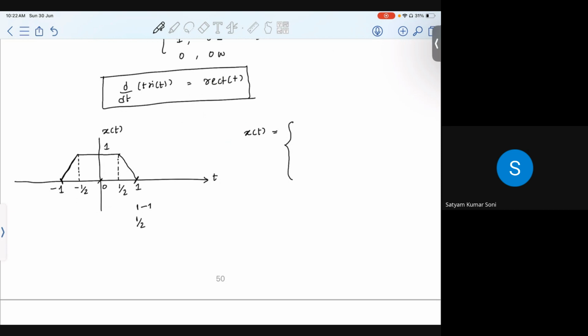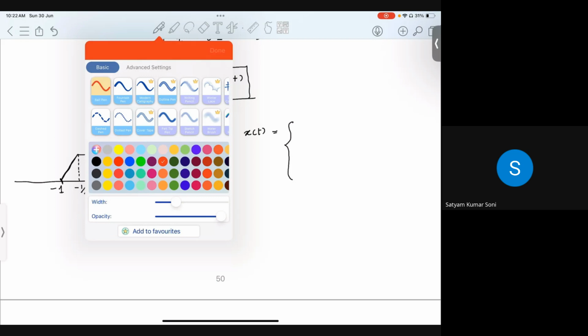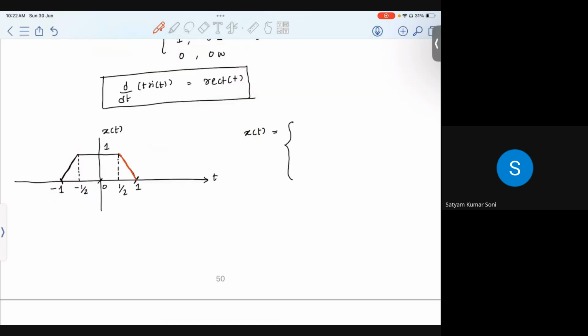Can someone tell me what this part of the signal is? Can you guys help me? We can find the slope. I'm trying to see what that could be. The points are half comma 1 and 1 comma 0.